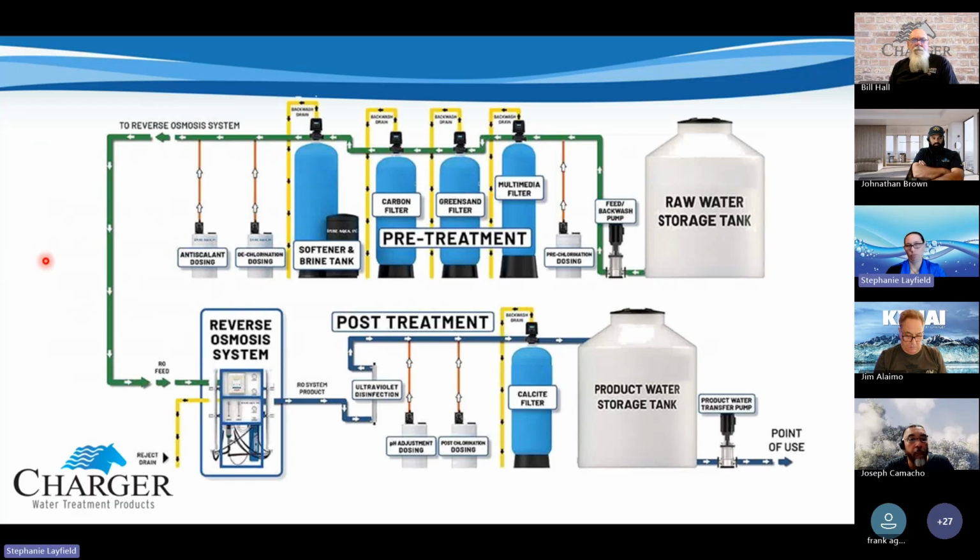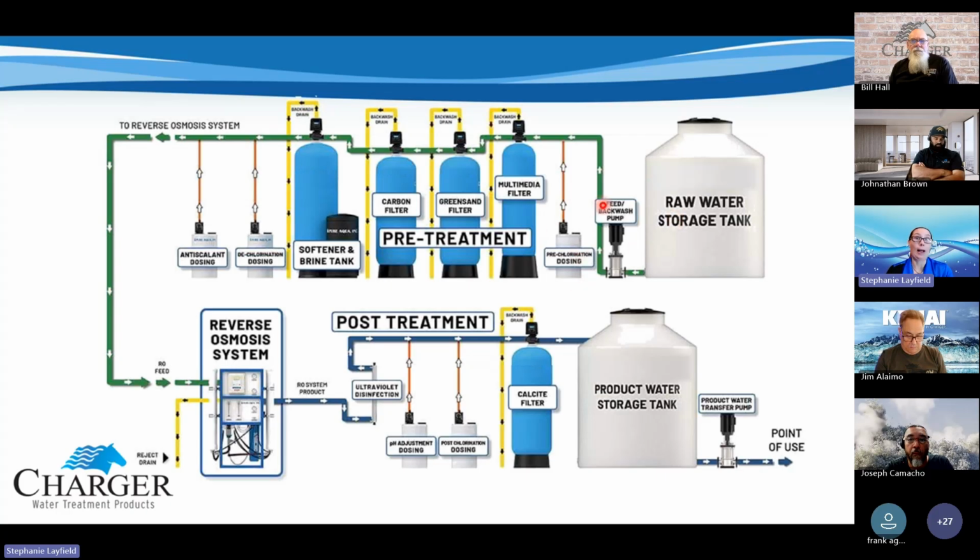So here's an example of a type of system. Pretty complicated, crazy one. We have our raw water coming in. We're going to have our feed pump here, some pre-chlorination, depending on where this water is coming from. If it's municipal, you don't need to pre-chlorinate it.